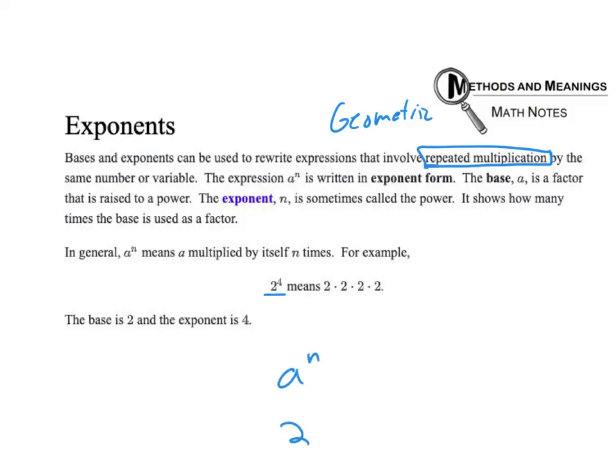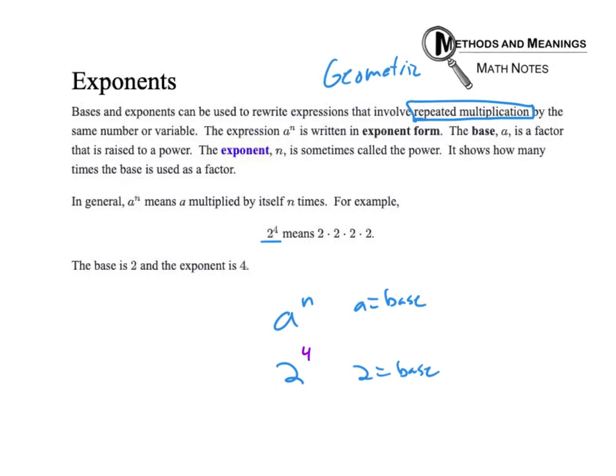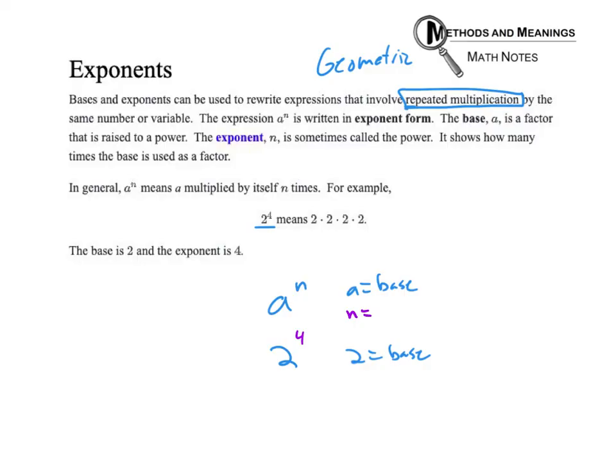It can be written like 2 to the 4th, where a is equal to the base, or in number form, 2 is equal to the base, and in the variable form, n is equal to the exponent or power, whereas 4 is equal to the exponent or power, as we look at it here. And 2 to the 4th means 2 times itself 4 times. So 2 times 2 times 2 times 2. It's repeated multiplication.